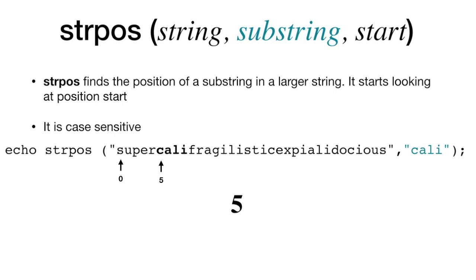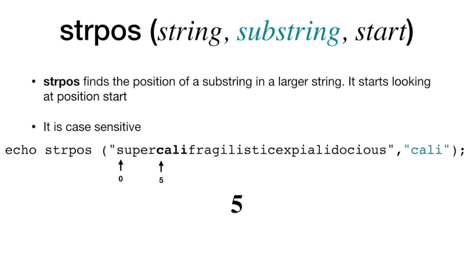So here, in the string supercalifragilisticexpialidocious, I want to find the position of the substring cali. So cali starts here: 0, 1, 2, 3, 4, 5 is the answer to that.